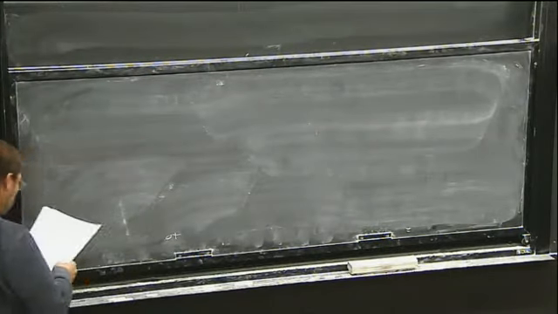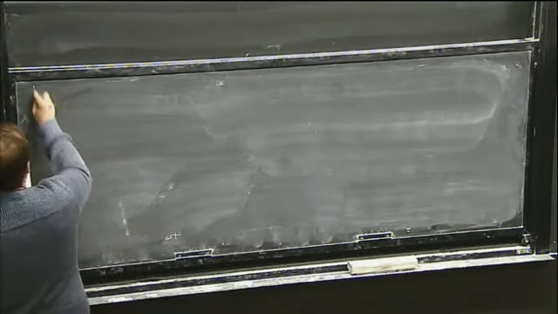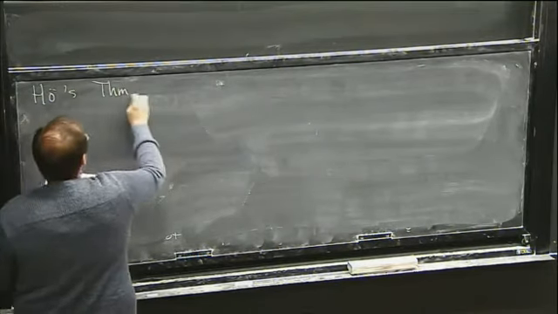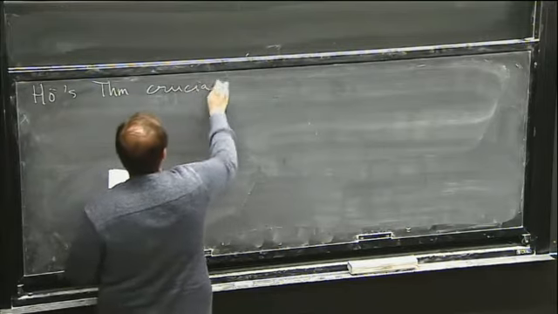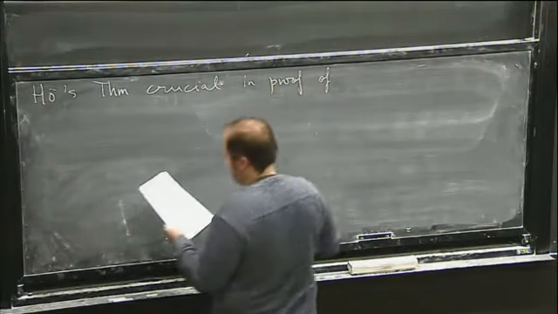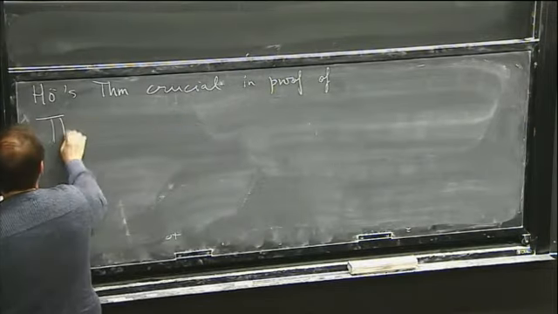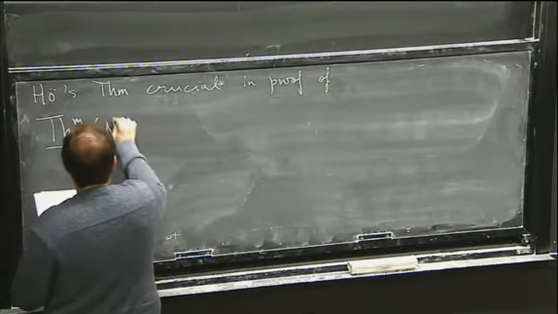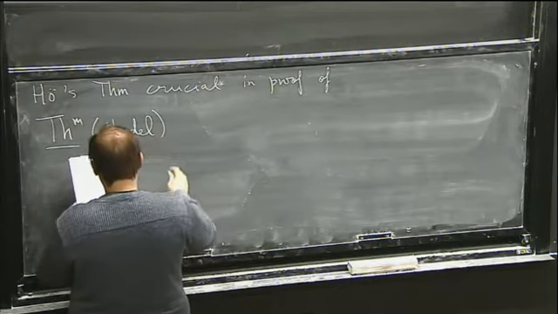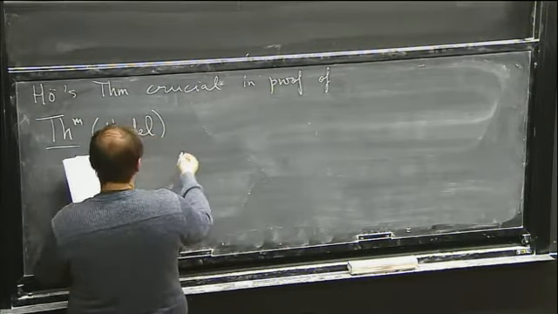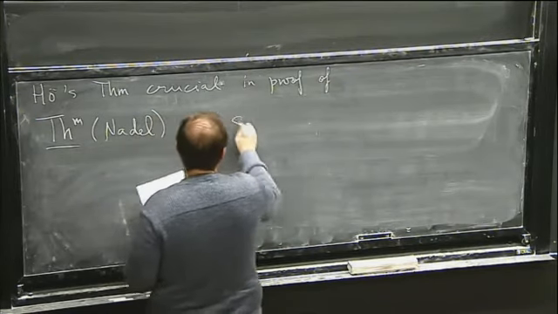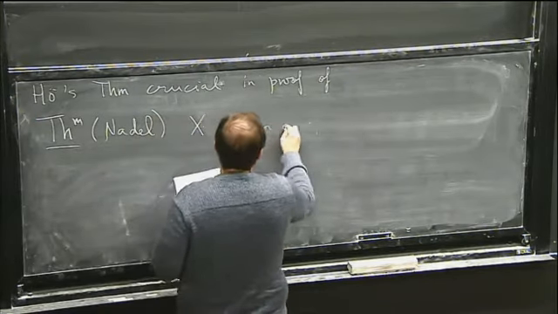Hörmander's theorem is crucial in the proof of the following theorem due to Nadel. Well, it's true in great generality, but let's say that X is either Stein or projective.